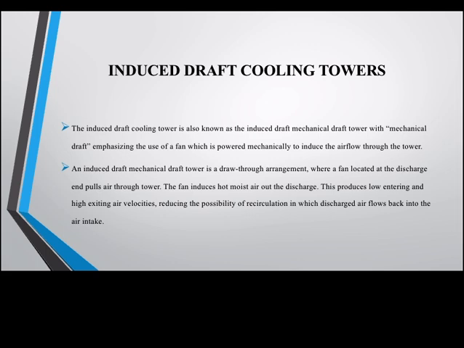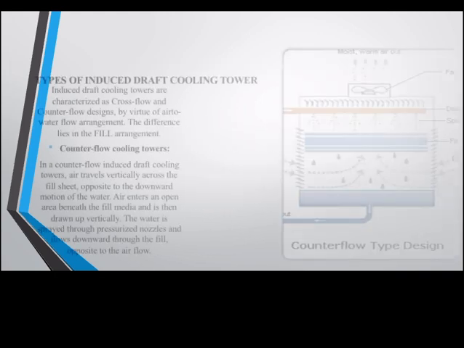The air exits into the atmosphere at very high velocities, and air with low velocity cannot recirculate back into the tower; only high exiting air velocities are able to leave the tower by the use of these fans.